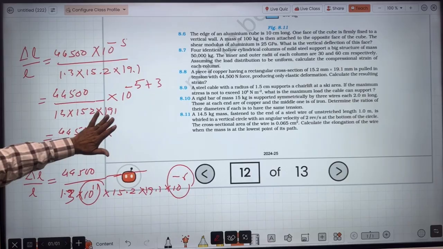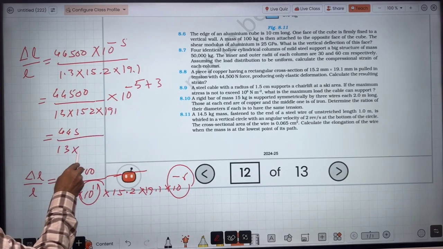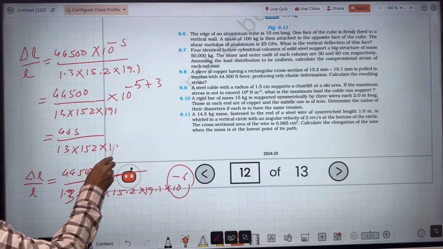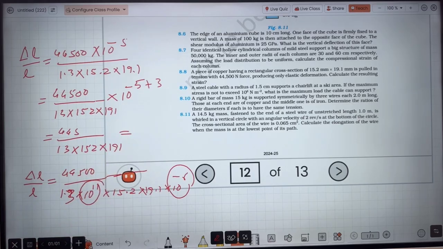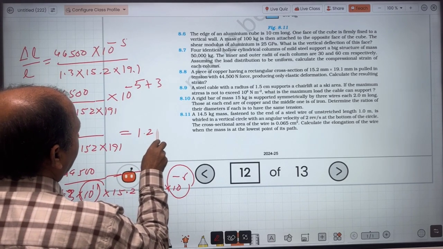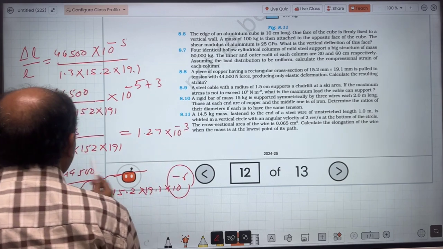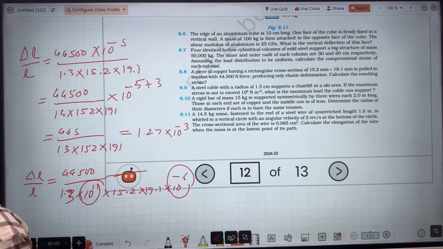You can cancel these two zeros. Divided by 13 into 152 into 191. Just evaluate it. Take 1 minute to get the answer. It is 1.27 into 10 to the power minus 3 almost. Calculate it and check.